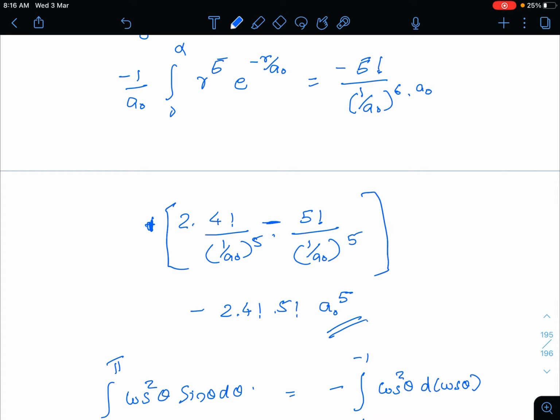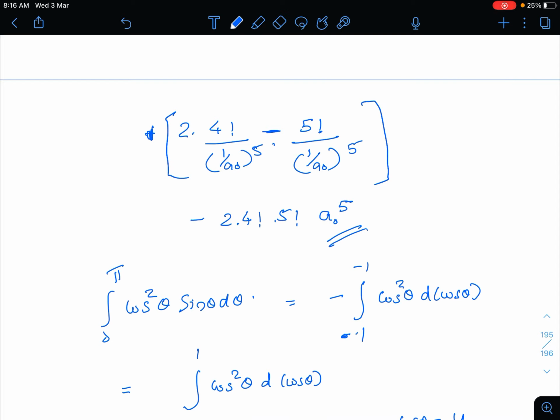So that's a mistake I made. I'm really sorry for that. So this is simply 2 into 4 factorial minus 5 factorial into a0 raised to 5.